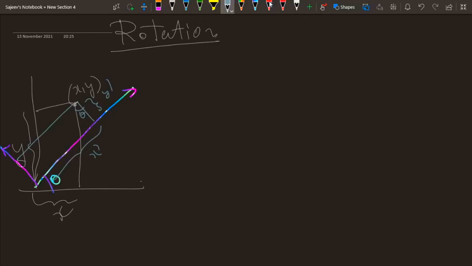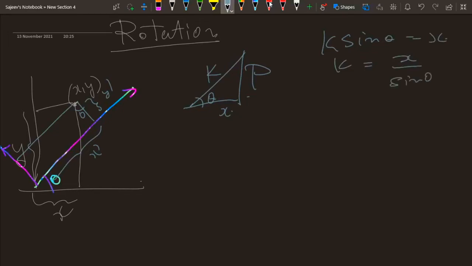Now we will use some basic trigonometry to derive an expression for rotation. First of all, let's look at this triangle right here. This is theta, this is x, and we don't know the other sides. Using trigonometry, we have k sine theta is equal to x, which means k equals x by sine theta, and we have tan theta is equal to p by x, or p equals x tan theta.